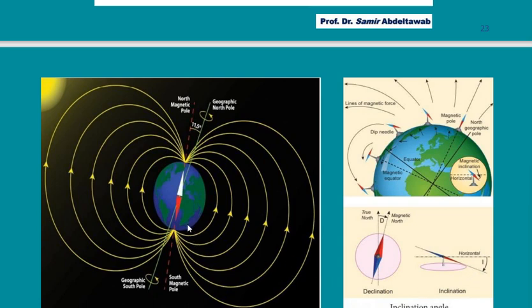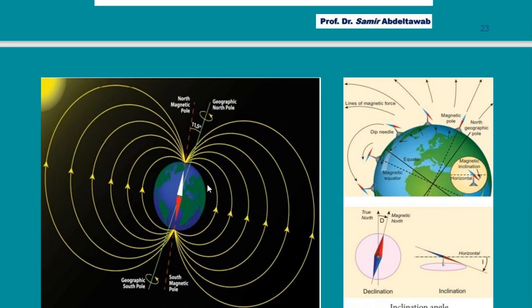If the location is here at the bottom part of the Earth, it will be pointing upward because the tangent here is pointing upward. If it is here on top, it will be pointing downward.